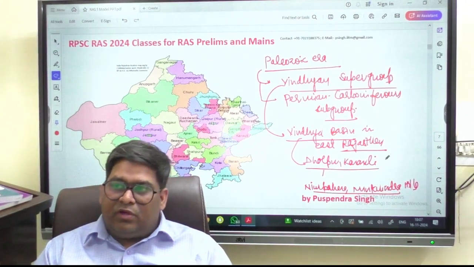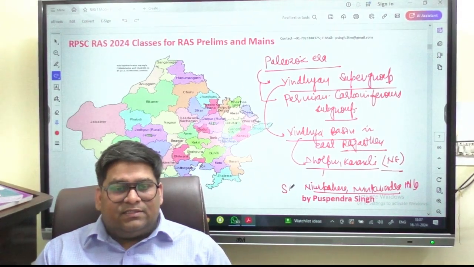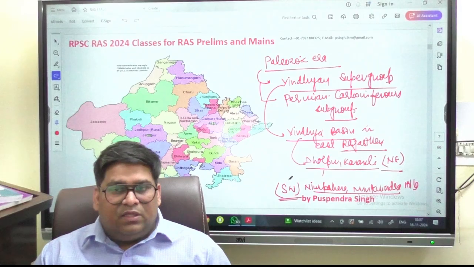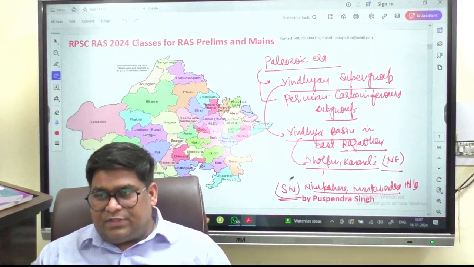Okay, this Dholpur Karoli lies in the northeast direction, and this lies in the southwest direction. So it extends from the northeast to the southwest direction.